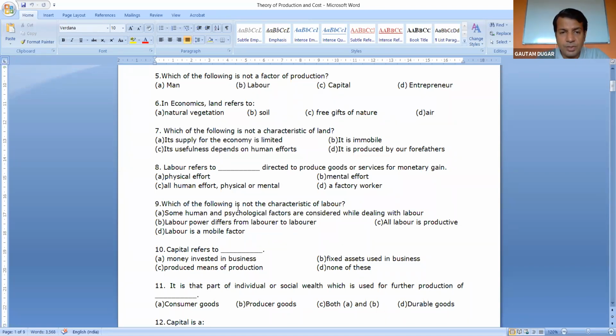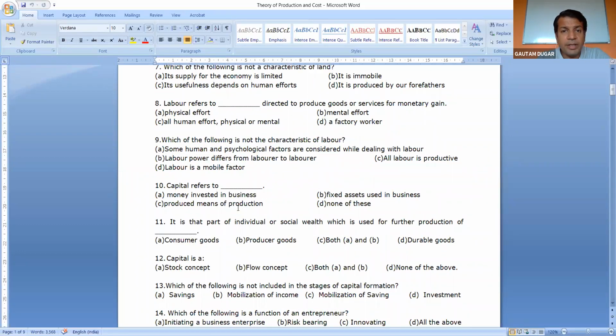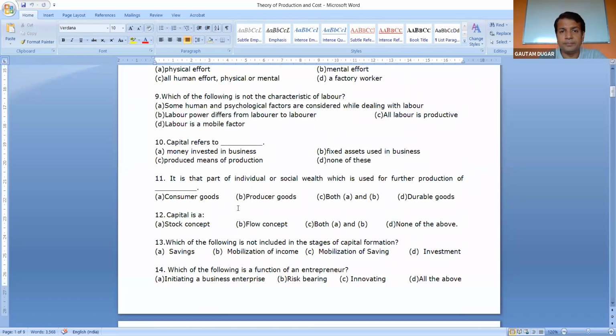Next, labor refers to, obviously A, B answer, B is also answer, but actually the more appropriate is C. All human effort, physical or mental. So, 8 is C. Good answers coming up. Next, number 9. Which of the following is not a characteristic of labor?